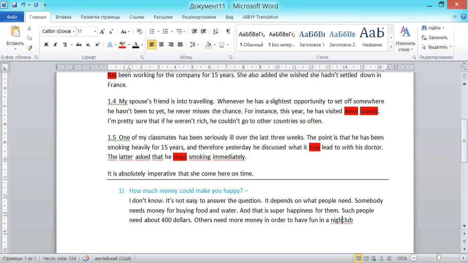Rich people usually spend more, and that is why they need more. It's true.